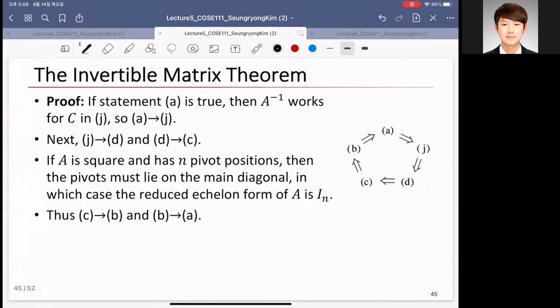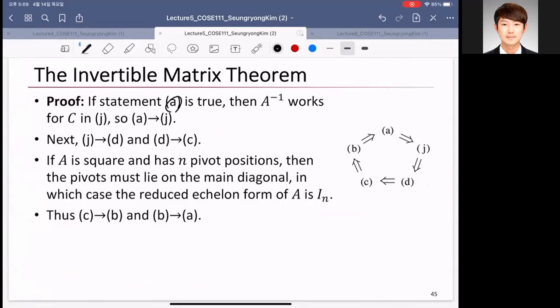So to prove this invertible matrix theorem, we will sequentially prove that each statement is equivalent, right?